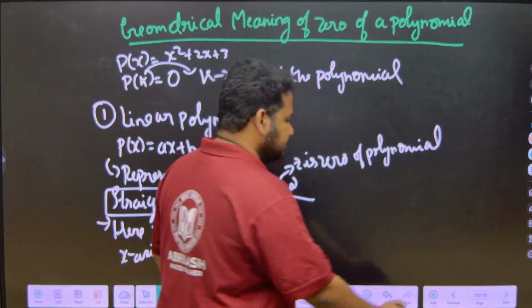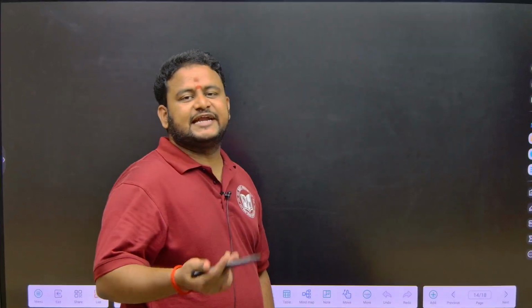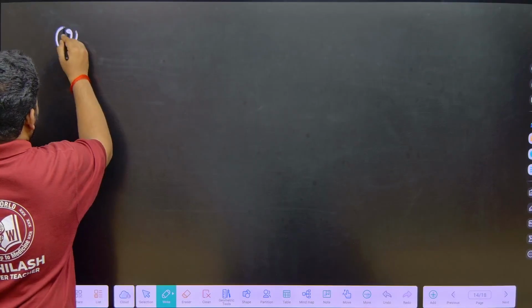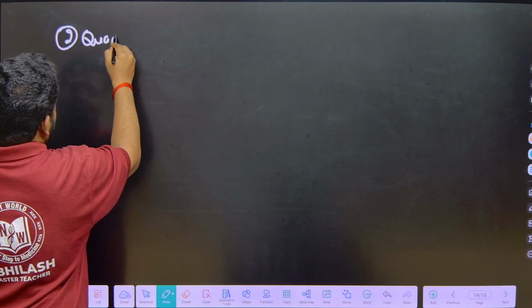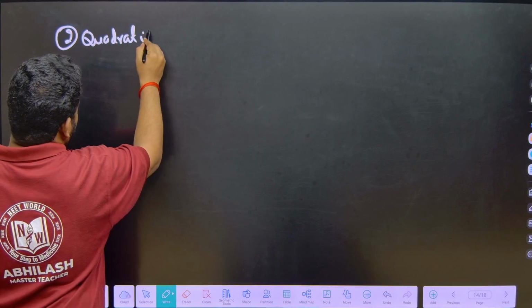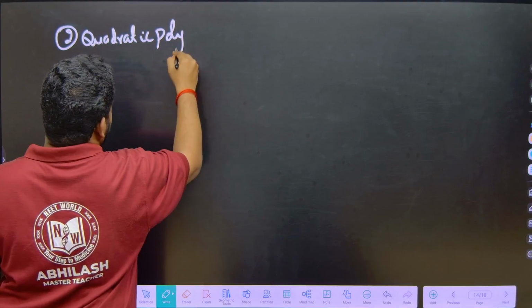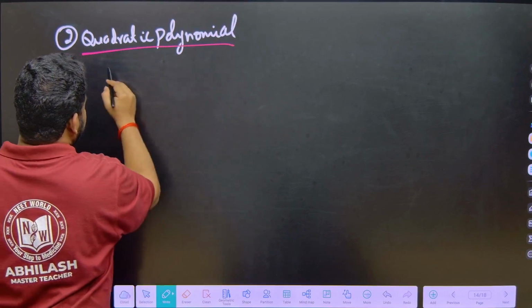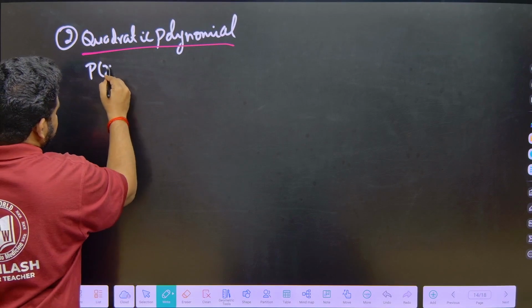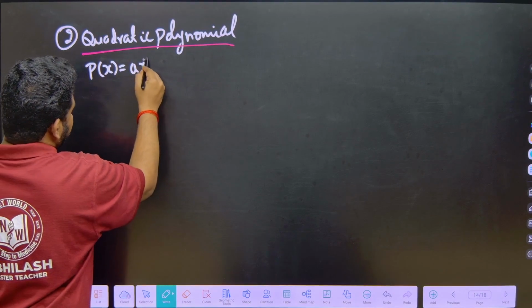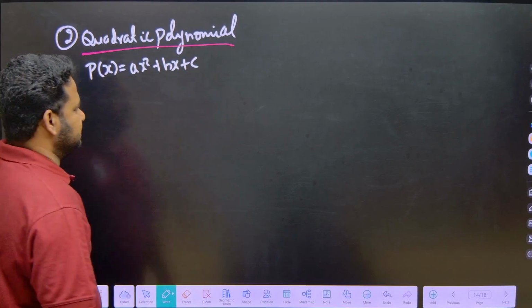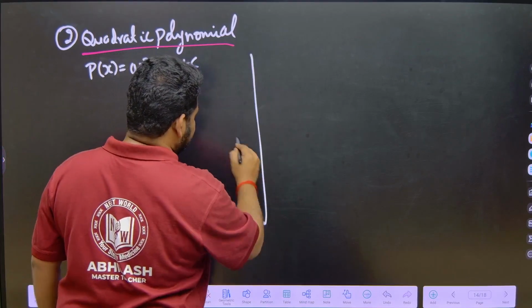Now let us see for quadratic polynomial. Let it be P of x itself. P of x can be written as ax square plus bx plus c. Let us draw a graph like this.